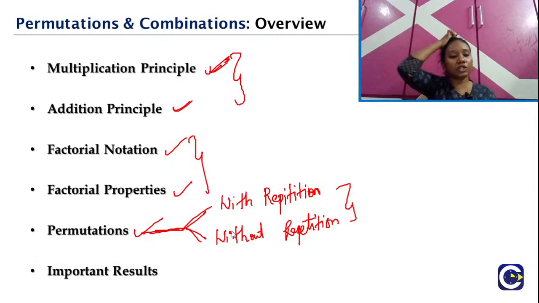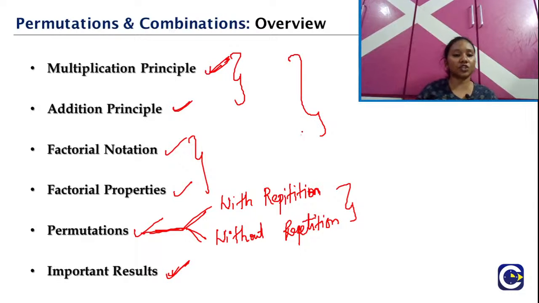Once we enter into our permutations concept, we will be having some results. We will be discussing the important results or properties which are related to the concept of permutations. These are the basic concepts which we are going to discuss in today's session.